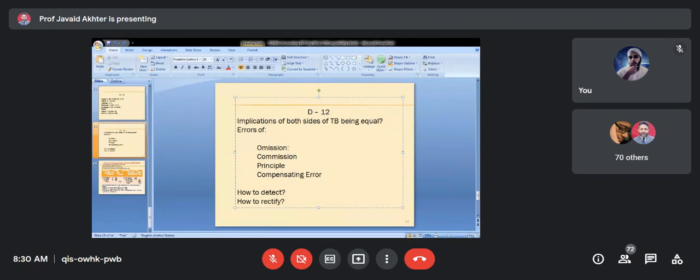Then the second point is error of commission. This error is caused when we make some mathematical mistake in calculating either a percentage or something of that sort. You were expected to calculate a 2% discount, but you calculated 3%.